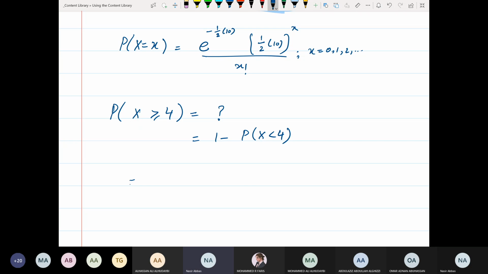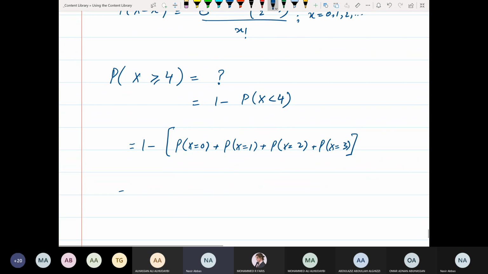And this I can find: 1 minus probability of x equals 0 plus probability of x equals 1 plus probability of x equals 2 plus probability of x equals 3. So there are some questions of Poisson distribution where you are bound to use the complement rule.